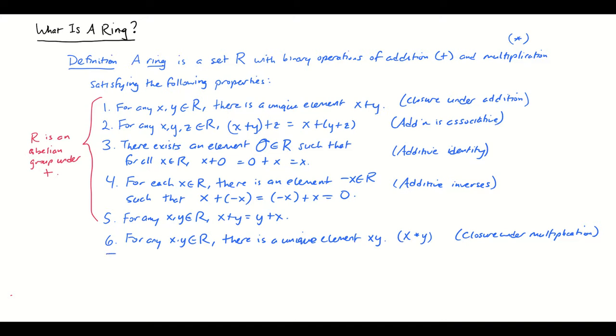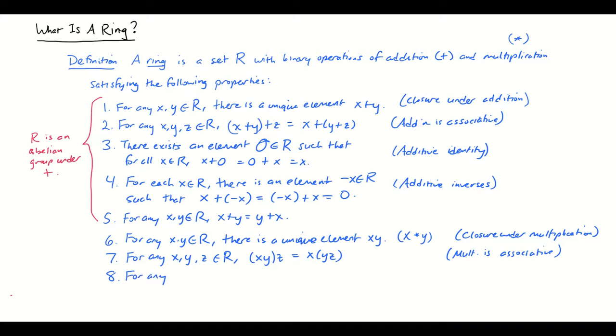Okay, next property, number 7. For any x, y, and z in the ring, xy times z is equal to x times yz. In other words, the multiplication operation is associative. And finally, number 8.